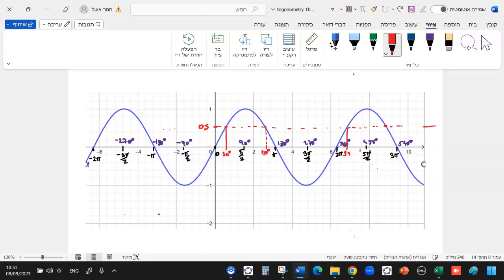This will be 390 degrees, and this one will be 510 degrees. Also on the negative side, this is minus 210 degrees and minus 330 degrees. This is where sine x equals 1/2.